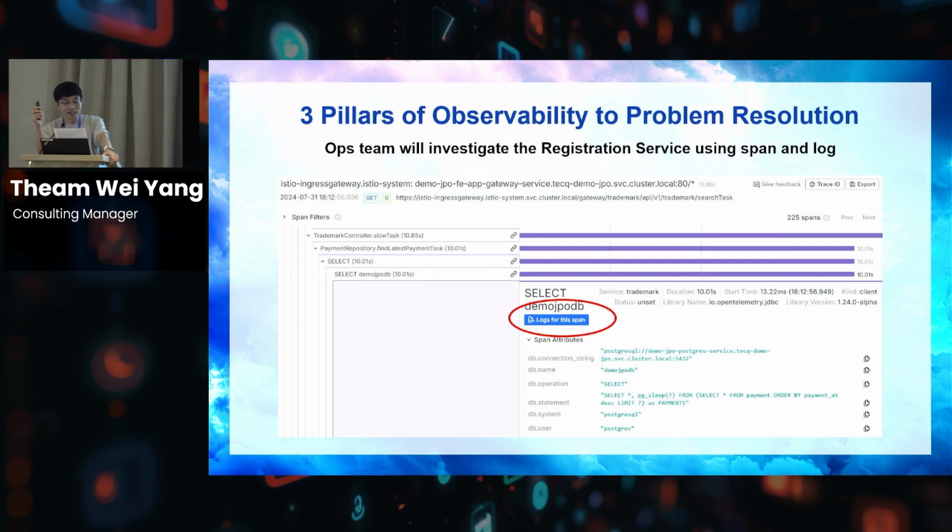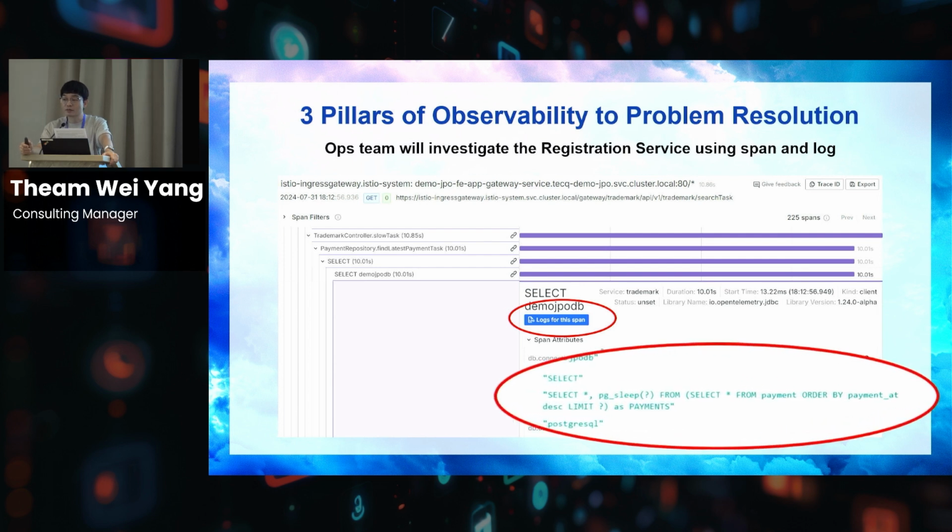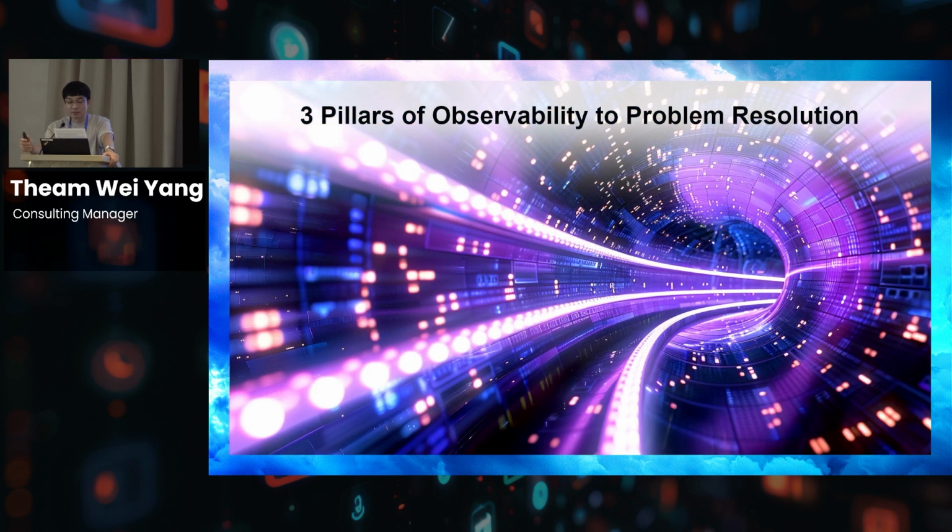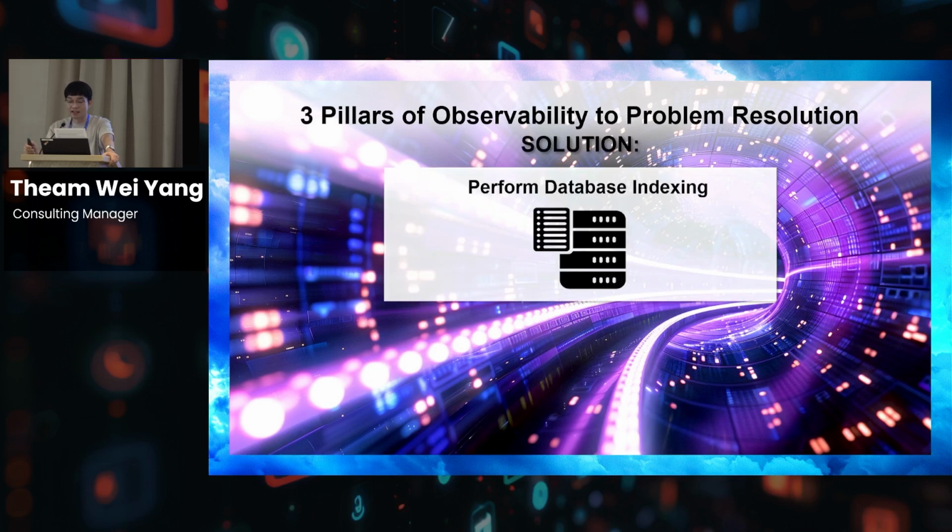So in this case study, we found out that there was a SQL statement which was getting slower and slower. And finally, based on the SQL statement, we checked the DB and realized that one of the tables was not indexed. That's why the query was getting slower and slower as the registrations accumulated.